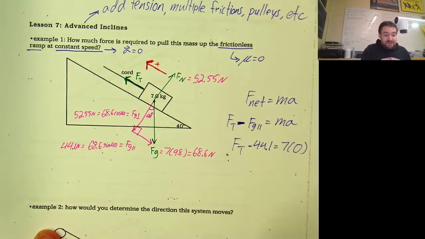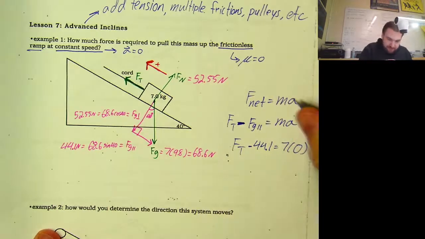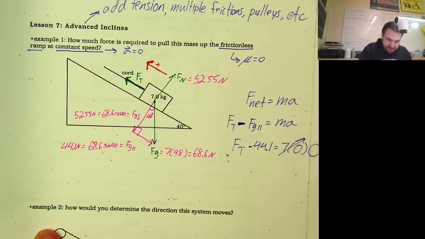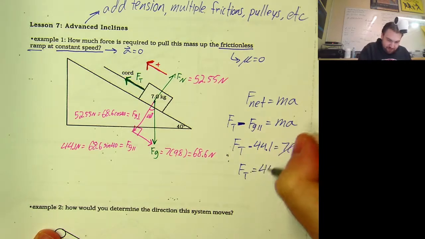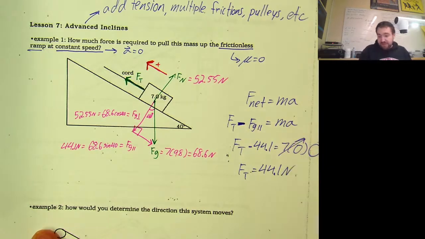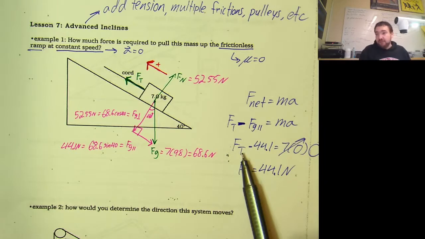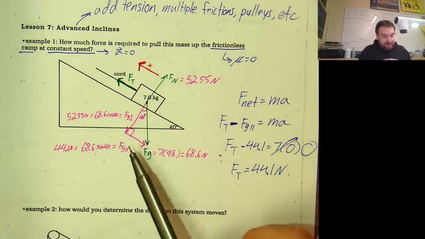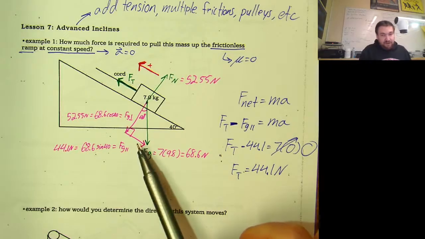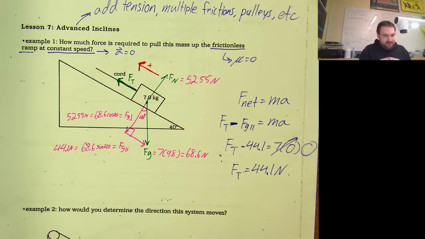Constant speed means this thing is not accelerating, so this whole side is 0. So I'm going to get Ft equals 44.1 newtons. I'm just going to add the 44.1 over to the other side, and I find out that my tension force is going to be equal to the parallel component of gravity, which we could have seen had we talked about this a little bit further without jumping straight into it. But this is what it looks like mathematically. Okay? Relatively straightforward.